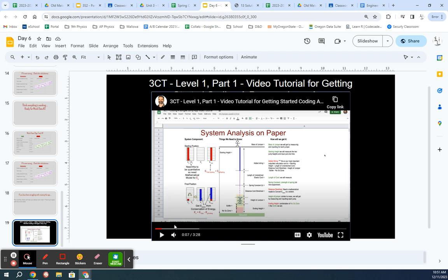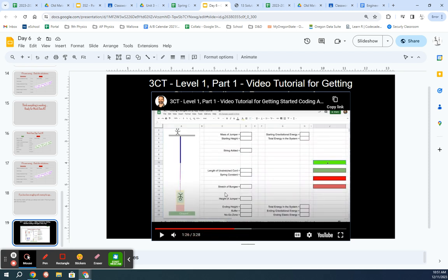Again, it's from the system analysis, just like we had talked about, but he'll actually walk through how to put in those codes. Again, this is not the most user-friendly layout. This is not an A assignment, but it'll get you a passing grade, right?